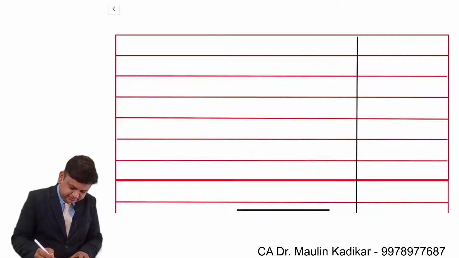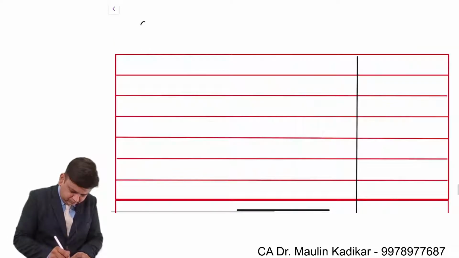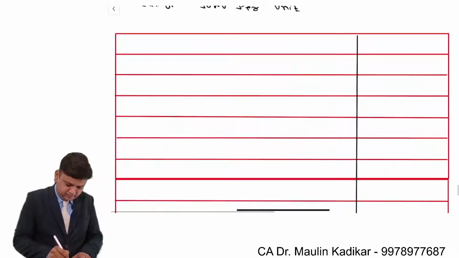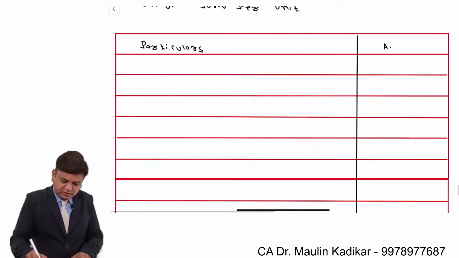So please write an answer. Calculation of net asset value per unit. Column number 1 is particulars. Column number 2 is answer.